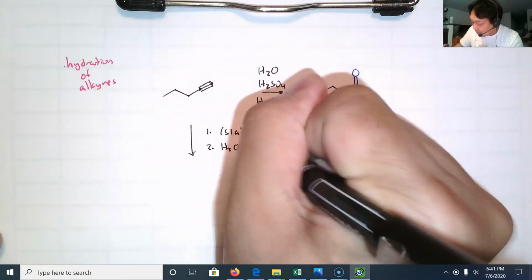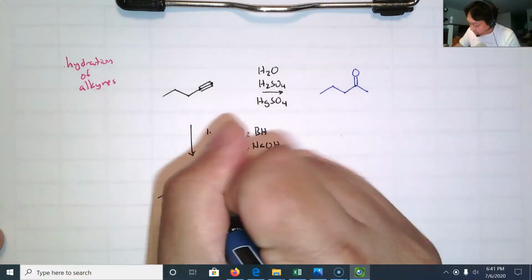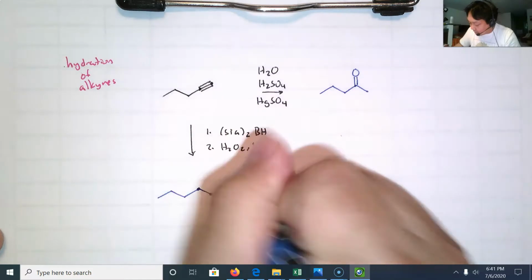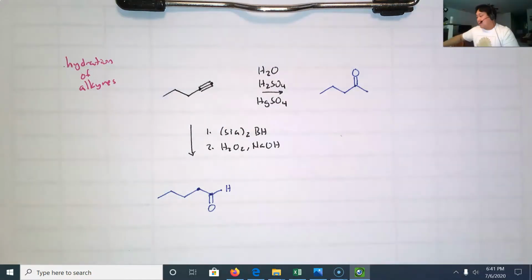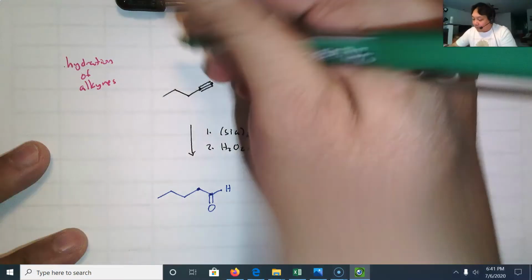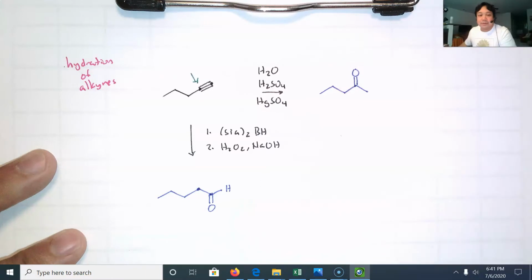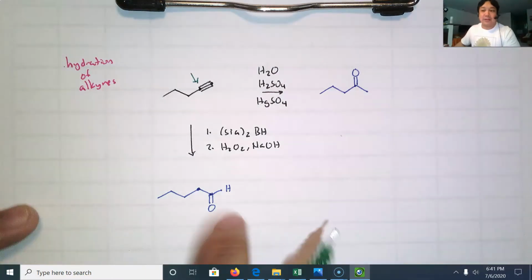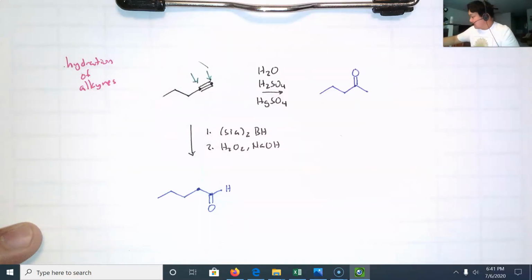H2O2, NaOH, and we have this dot carbonyl. The difference here is that for the first reaction, we put the C double bond oxygen on this carbon, and then for the second reaction, we put it on this carbon right here.